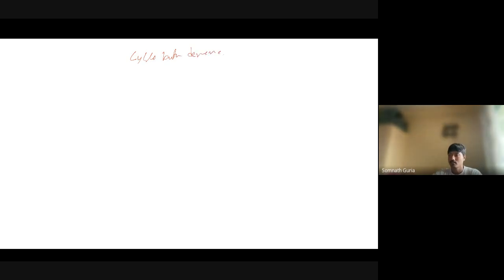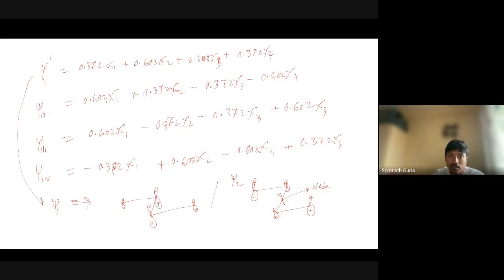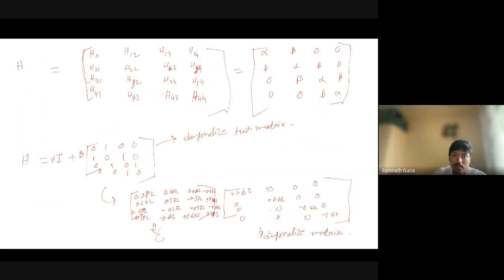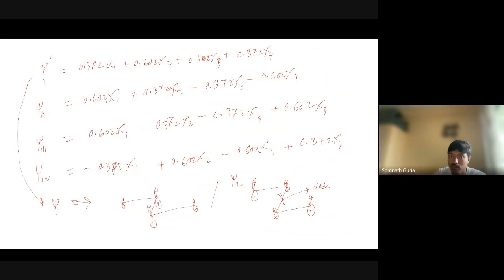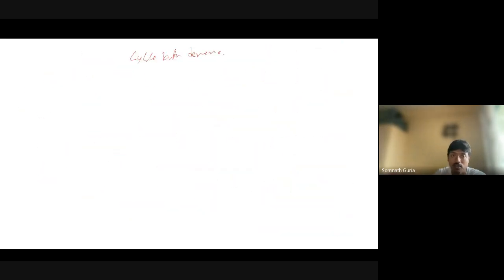Okay. So for cyclobutadiene, we similarly have the operator H. Let's make this operator once again. Then some alpha and beta values will be different.